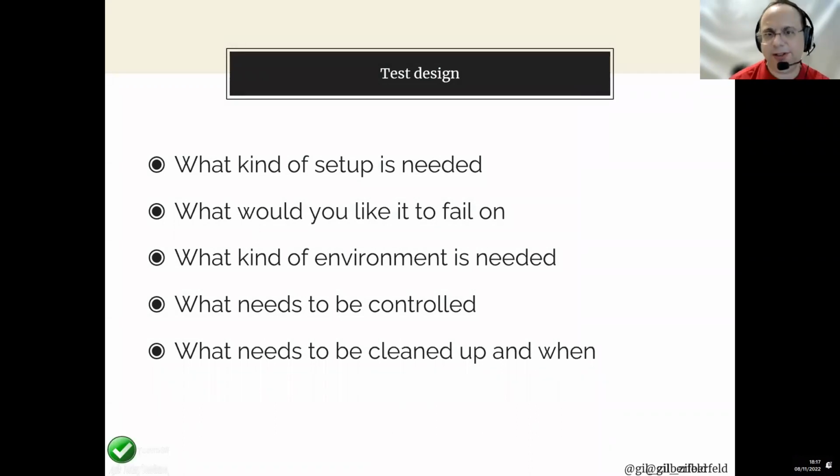So when I'm thinking about test design, testing the APIs, I'm thinking about what kind of setup, what kind of environment. So let's say I have an API, and this is the only one I'm not going to show you an example of because it's more sophisticated than an example here.